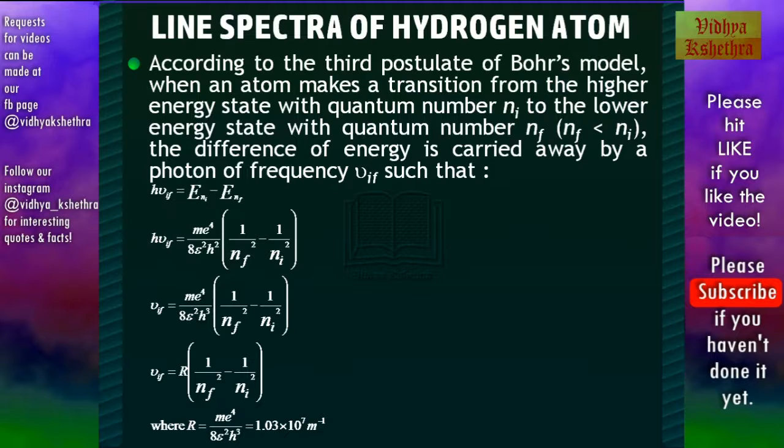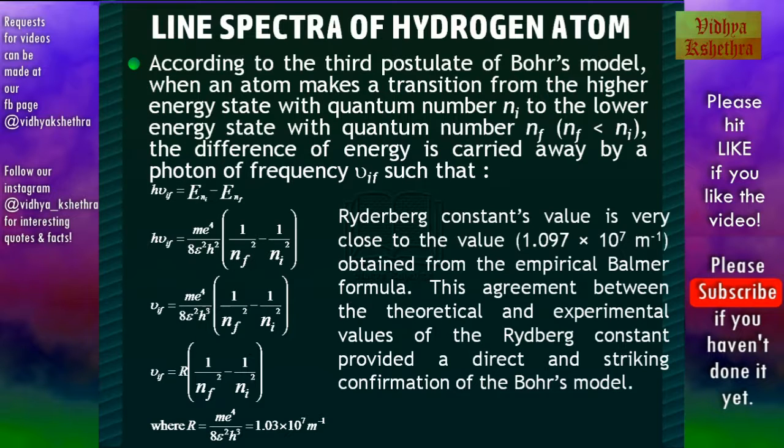Now we can write me^4 by 8 epsilon^2 h^3 as R, and R is known as the Rydberg constant, and its value is equal to 1.03 into 10^7 meter^-1. So the Rydberg constant's value is very close to the value obtained from the empirical Balmer formula.